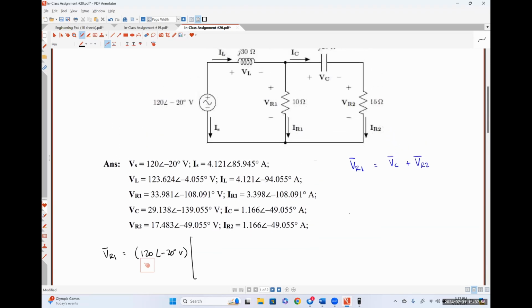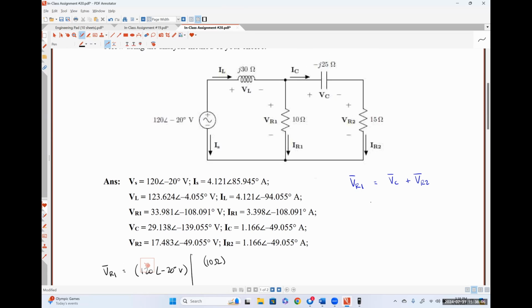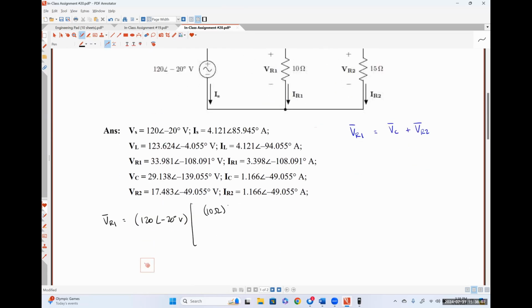So that is going to be 10 ohms in parallel with 15 minus J25. So that's going to be 10 times 15 minus J25 ohms over 10 plus 15 minus J25 ohms.